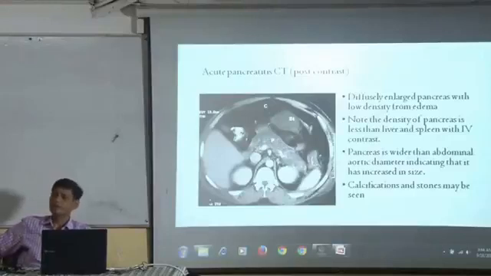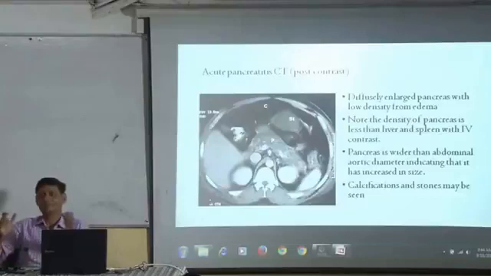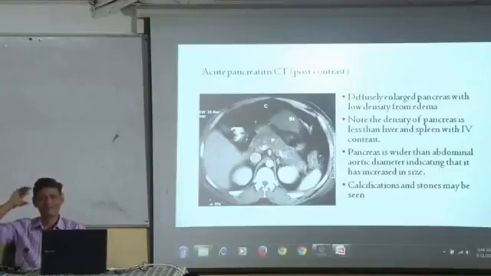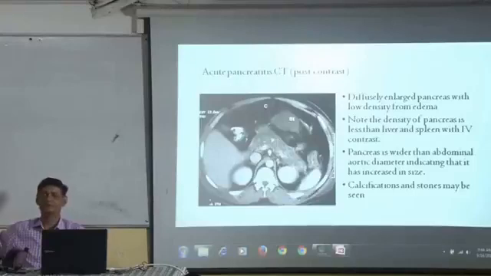The second presentation, the child may also present with, and this sometimes happens when you are very caring about the child and you are loving him, what you do is, oh, mera bachcha. Subdural hematoma, SDH. And the third presentation can be acute pancreatitis.